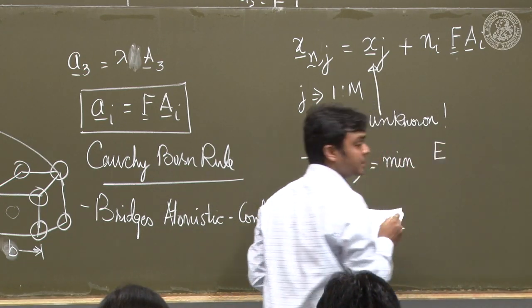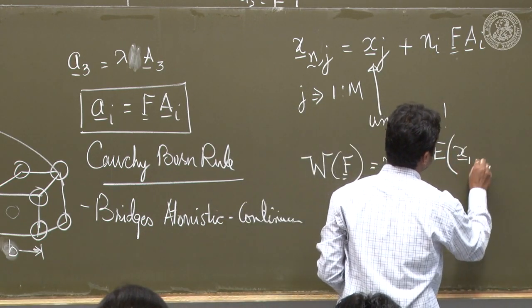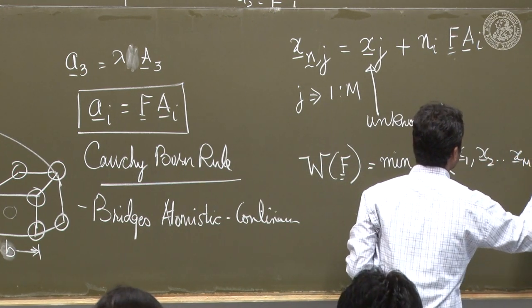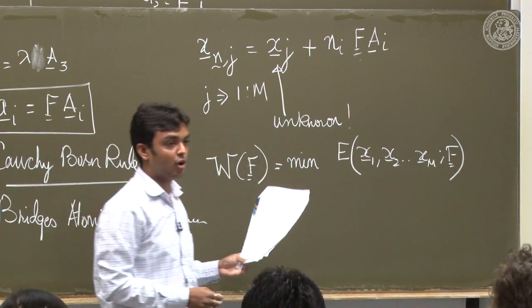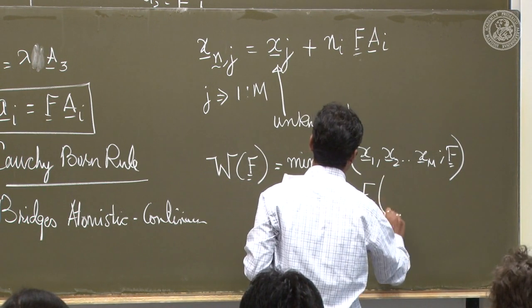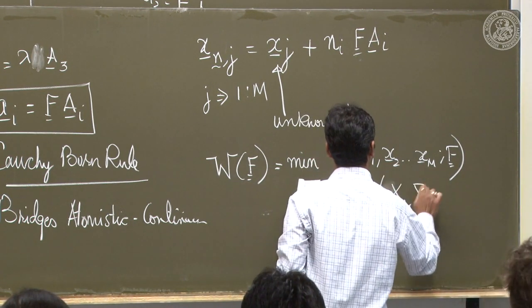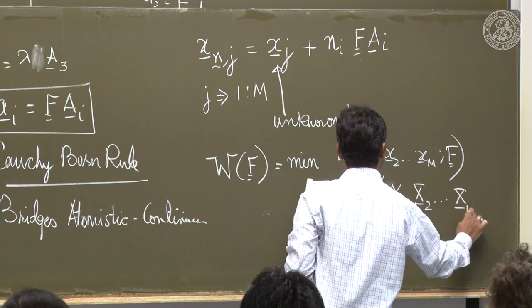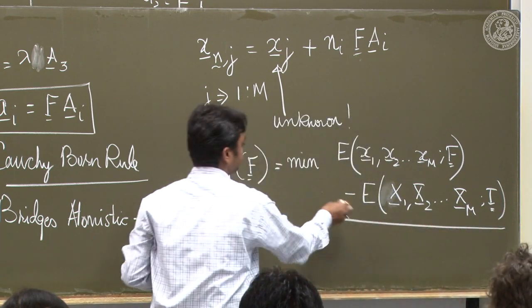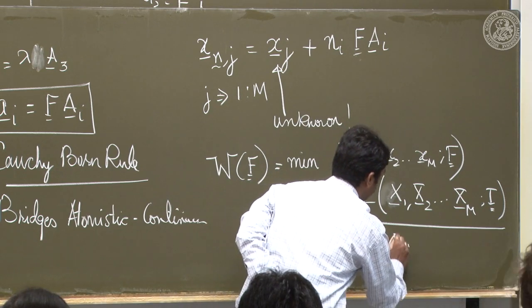by minimizing the unit cell energy, which depends on the basis atoms x1, x2, up to xM when you apply the deformation, minus the energy of the unit cell when it is undeformed, over the volume of the unit cell.